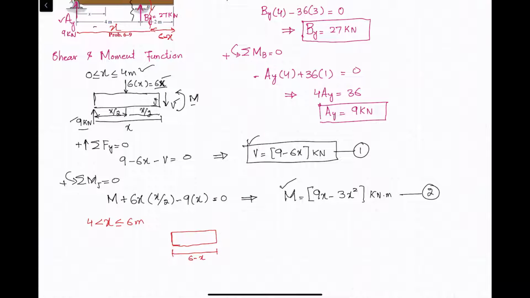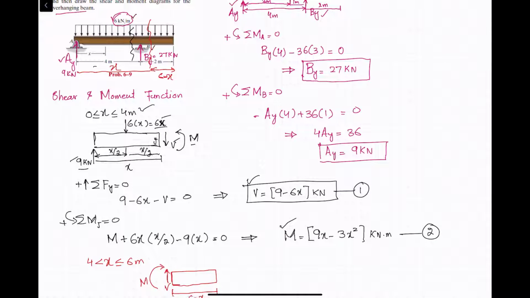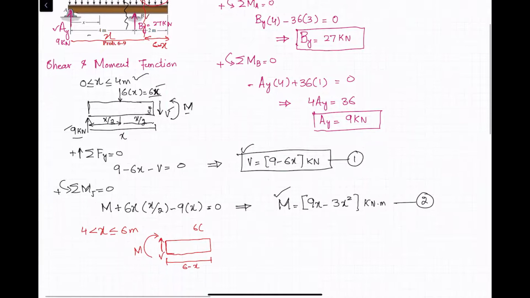Clear. And whenever you cut, there will be a shear force V and there is a reaction moment M. And the load which is the distributed load in this section is 6 into the length of this portion, which is 6 minus x, and it will be acting at the middle. So whenever this acts at the middle, this distance will be equal to 6 minus x divided by 2.